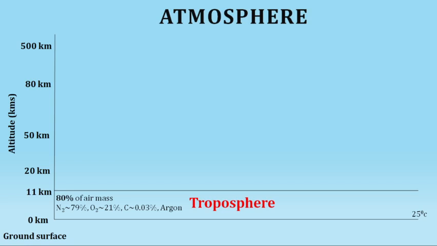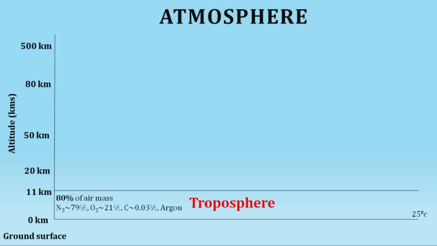The average temperature on the ground surface is near about 25 degrees Celsius. And if you move up in the troposphere from 0 kilometer to its maximum range, that is on average 11 kilometers, you will notice that the temperature will keep on decreasing.